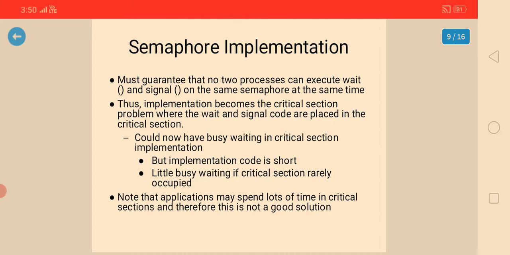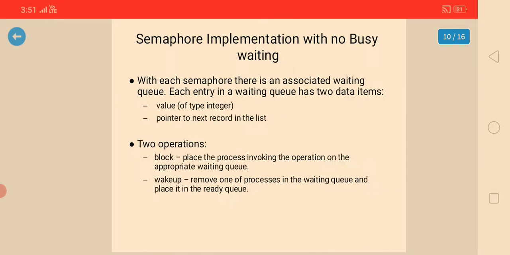There is little busy waiting if the critical section is rarely occupied. Note that an application may spend a lot of time in the critical section, therefore this is not a good solution. If busy waiting occurs, it is not a good solution for that implementation.